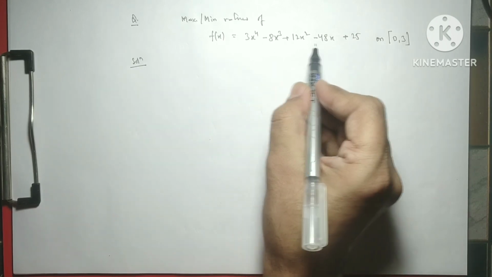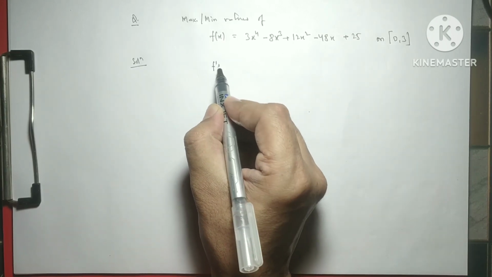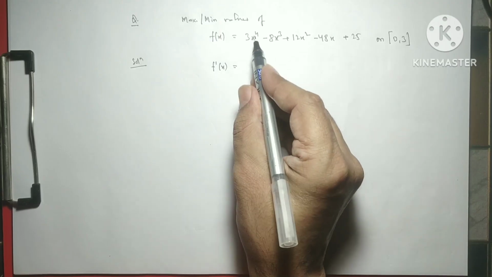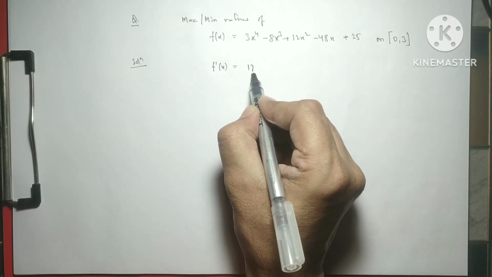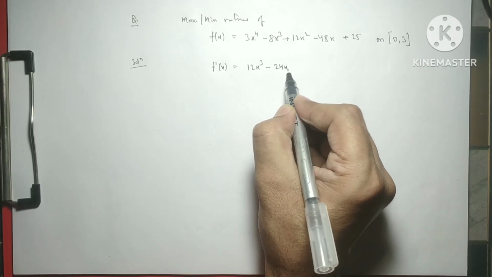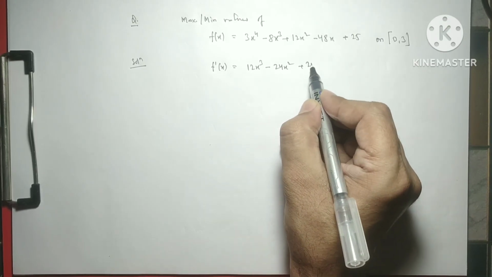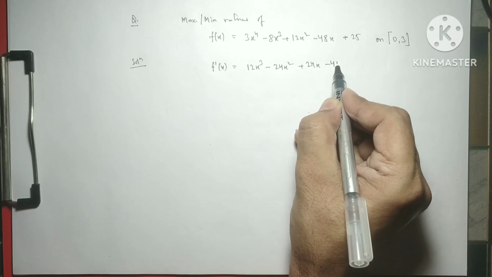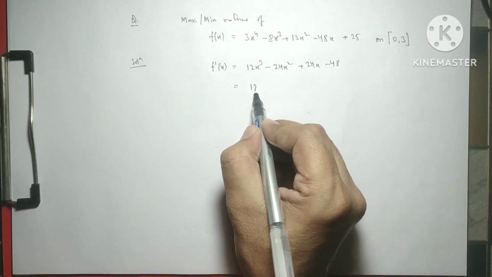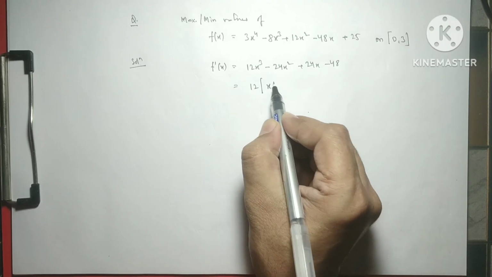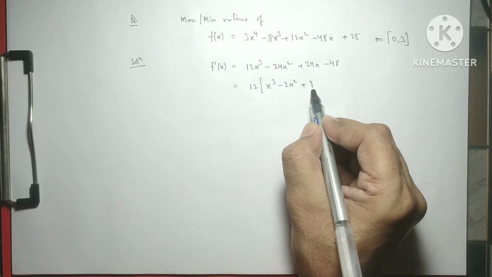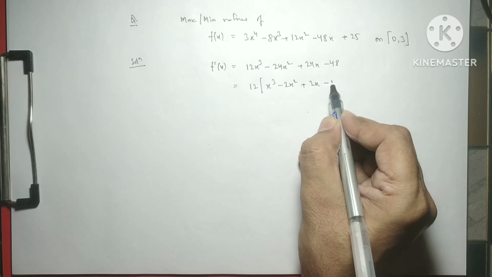So we have function. So right now we will get f dash x. So differentiate it. It will be 12x^3 - 24x^2 + 24x - 48. On taking 12 as common, x^3 - 2x^2 + 2x - 4.